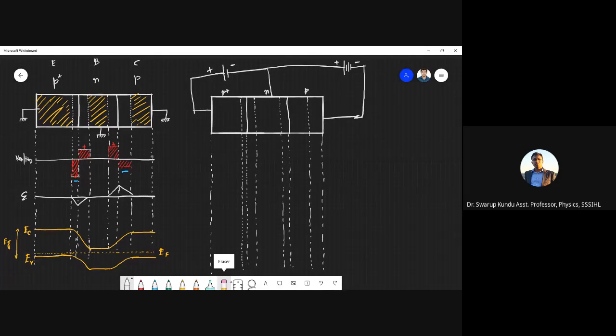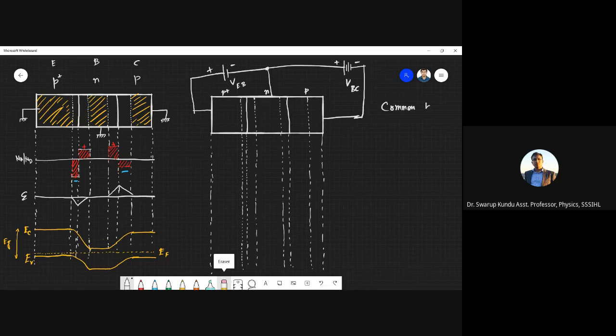This potential we'll see later on. This is called our V. How do you call this potential? V, and then this is your base collector, so V BC, and this is the emitter base, V EB. These are the two bias potentials. So this configuration is common base, right?